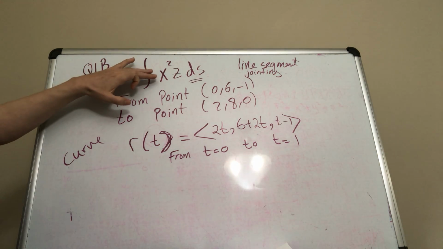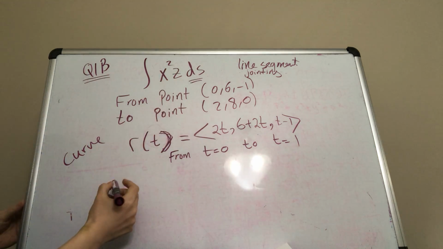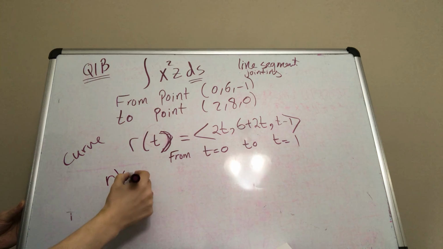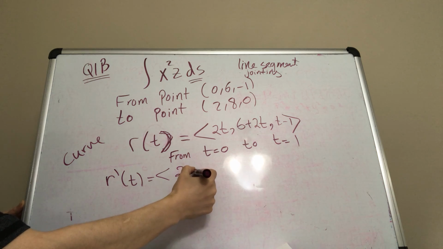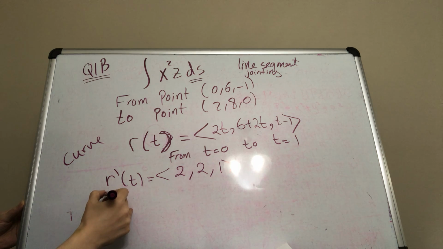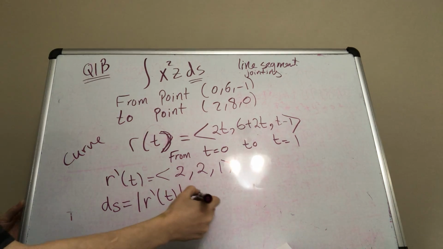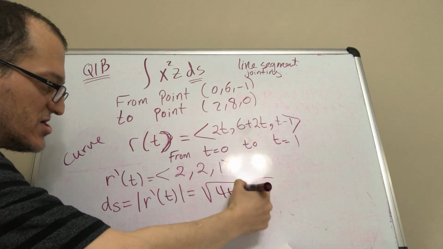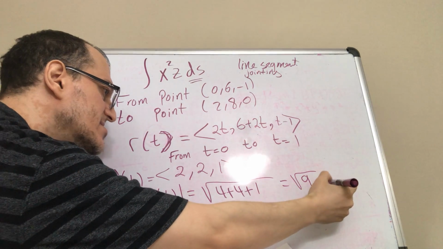Now, since they want you to integrate this, what you need to do is to figure out what ds is. And the ds, you take the derivative of the curve, which is 2, 2, 1, and then you get the magnitude. ds would be the magnitude of the derivative. 2 squared, 2 squared, and 1, square root of 9, 3.